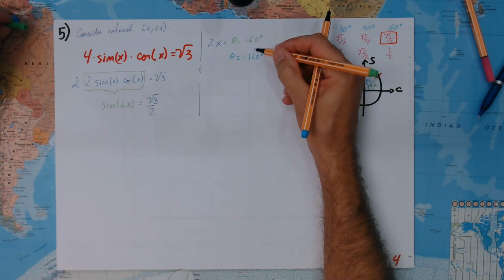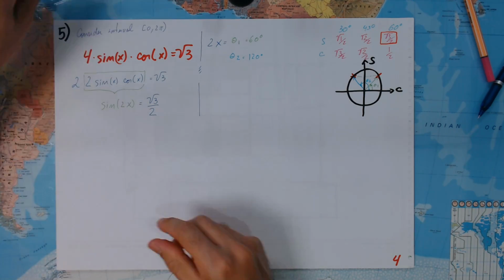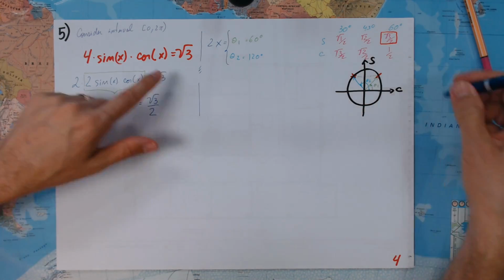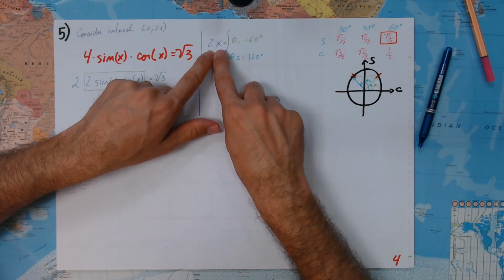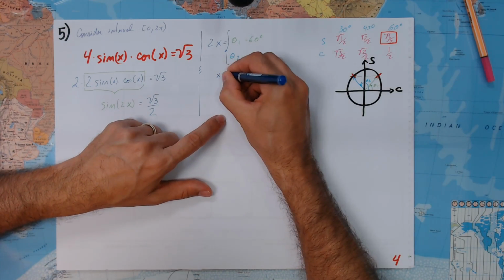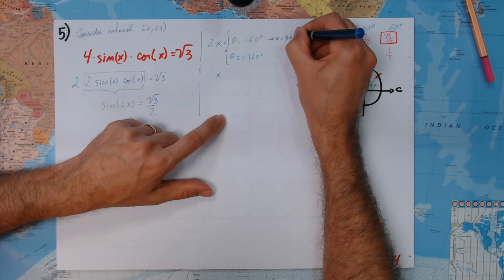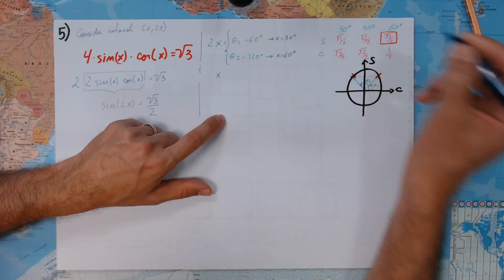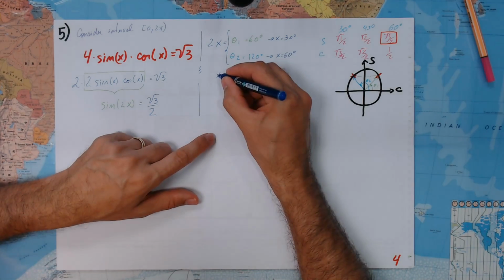Okay, they both have to add to 180 degrees because they are supplementary. Now, if theta 1 is that, x is going to be half that. So we're going to have 2 values for x. Let's put in here: x is going to be just 30 degrees, or x is going to be just 60 degrees. Okay, well, I'm going to ignore this x in here.